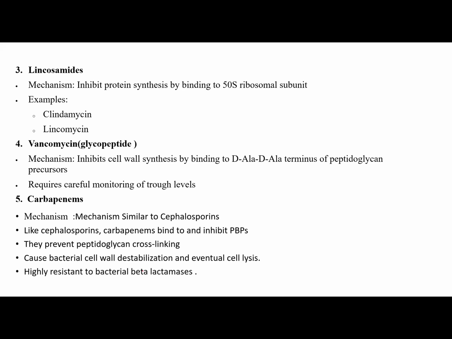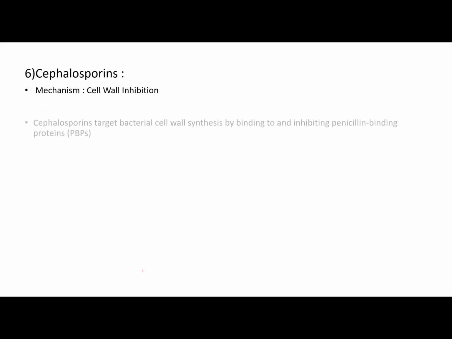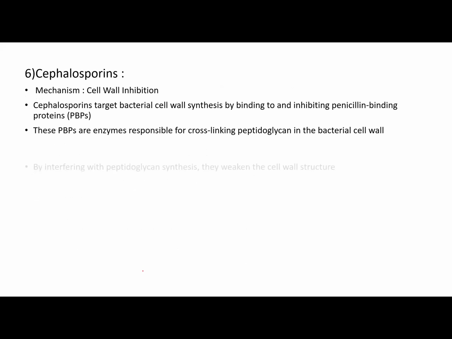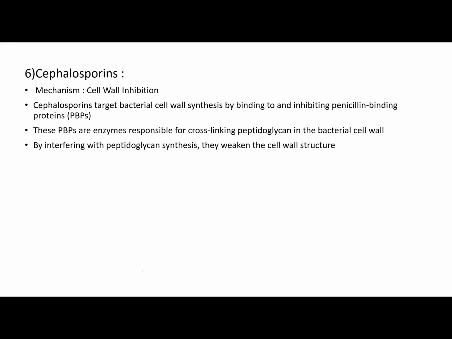It also has a highly resistant mechanism for beta lactamases when they are present. Cephalosporins is the last example that I would like to mention. Again, the mechanism is cell wall inhibition by binding to the penicillin binding proteins. It also disrupts the peptidoglycan layer, thereby interfering with the strength of the cell wall structure.